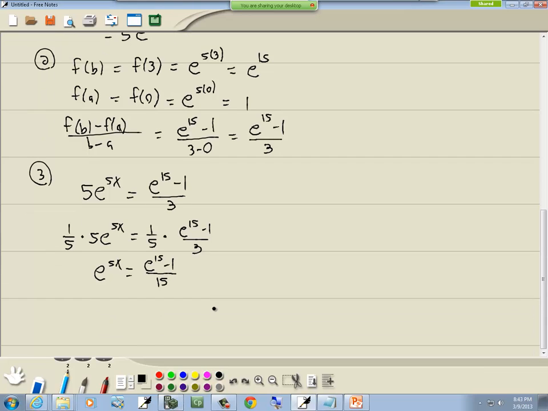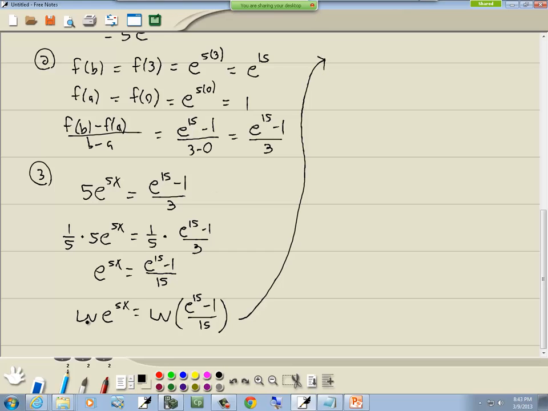Now our next step in solving an exponential equation is to take the natural log of both sides. So we get natural log of e to the 5x is equal to natural log of e to the 15th minus 1 over 15.